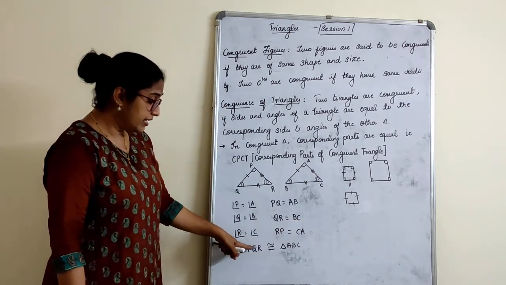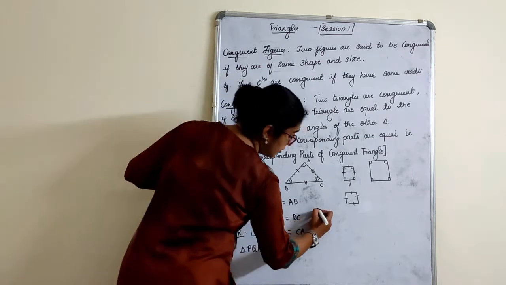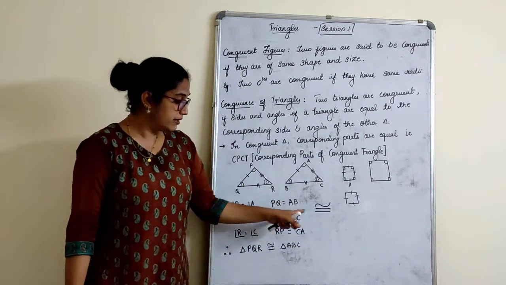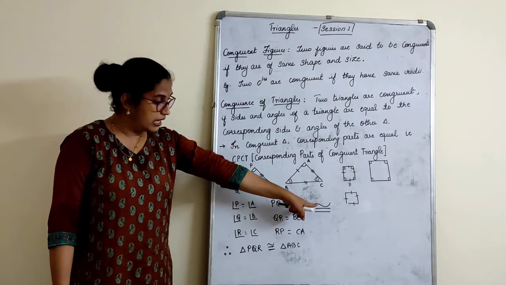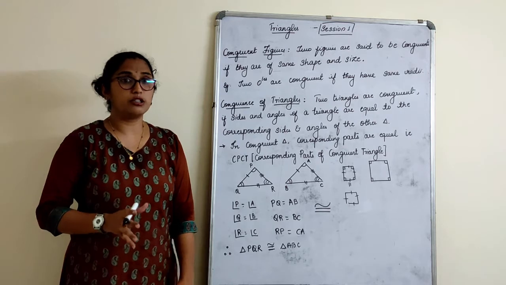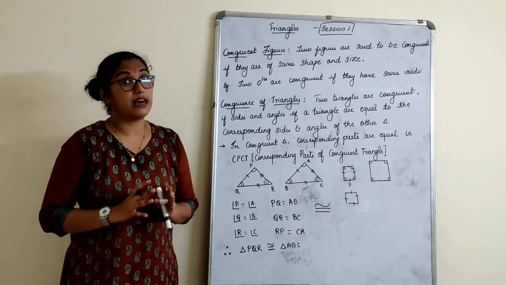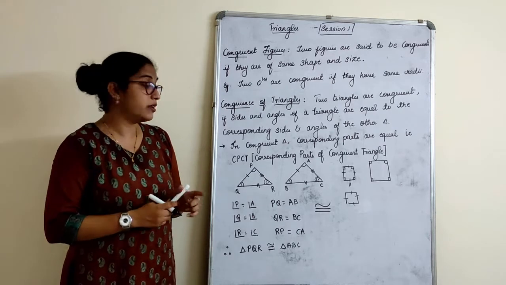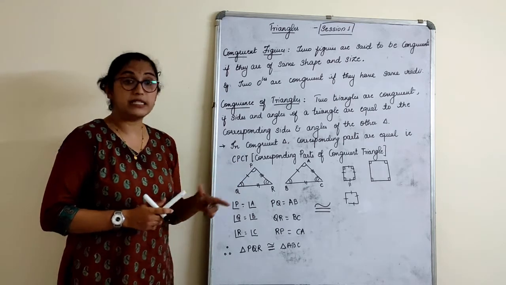That means triangle PQR, this is simple children, is equal and congruent to triangle ABC. So when two figures are congruent, their corresponding sides and angles are equal. All corresponding parts are equal, which we call CPCT.